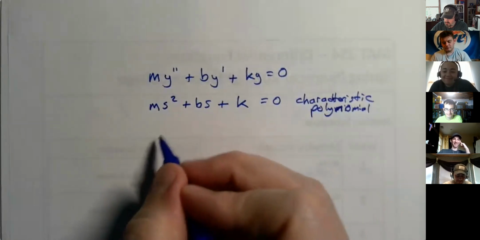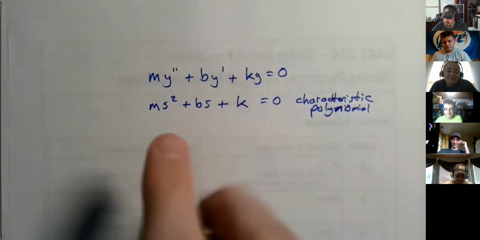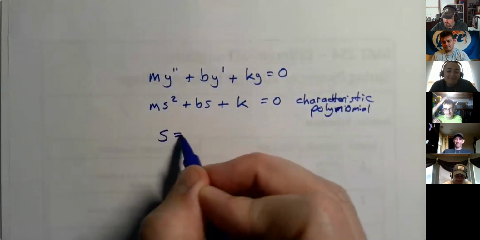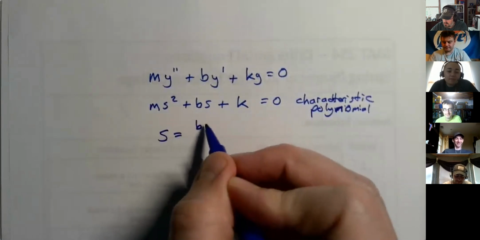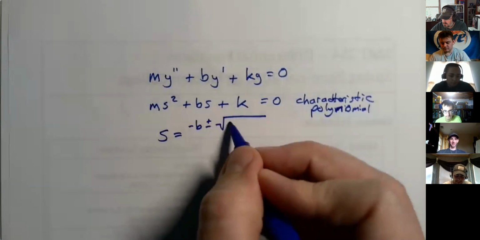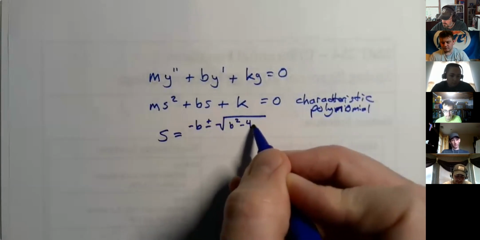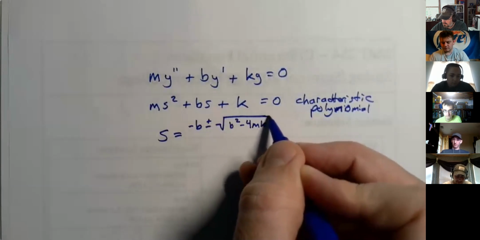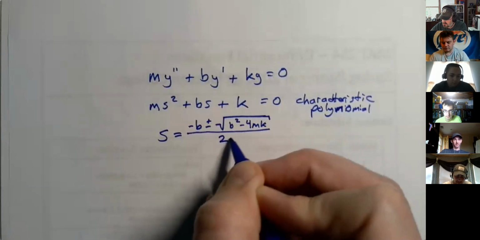So that means we're looking for those s values where s equals negative b plus or minus the square root of b squared minus 4 times m times k, all over 2 times m.